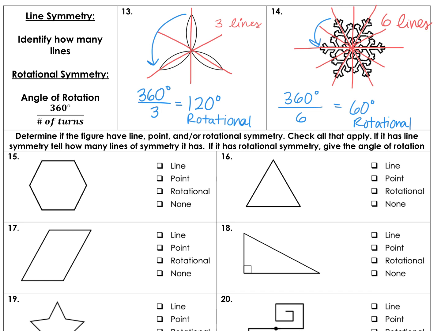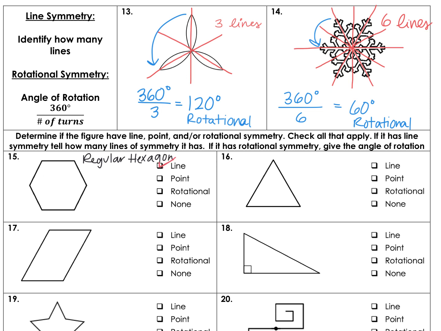Okay, so let's look at number 15. Every single year, I don't know why we don't get a better hexagon. This is trying to be a regular hexagon, but it failed. So we're just going to pretend this is a regular hexagon. Even though it looks a little oblong, pretend that all the sides are congruent. It does have line symmetry, for sure.